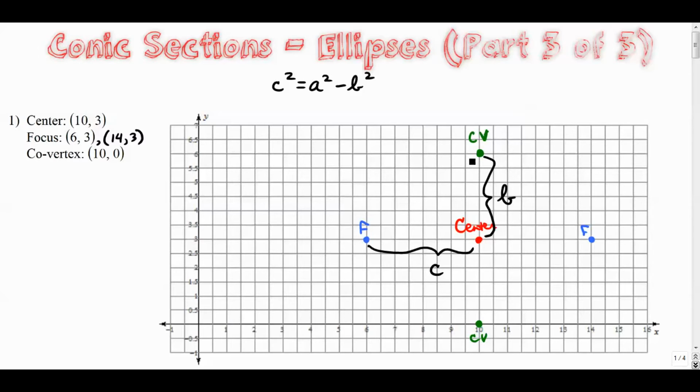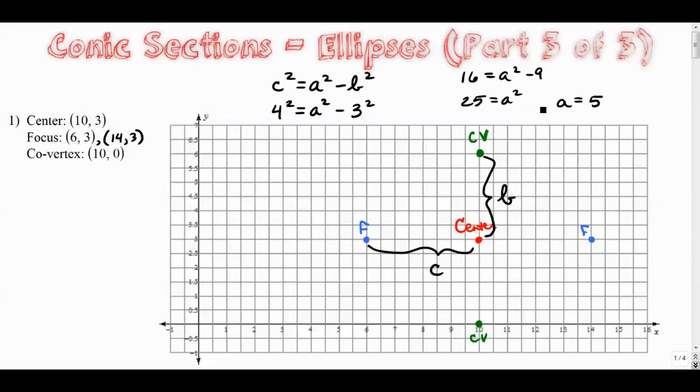So C is 4 units. So 4 squared is equal to A squared minus 3 squared. So 16 is equal to A squared minus 9. 25 is equal to A squared, so A is 5.